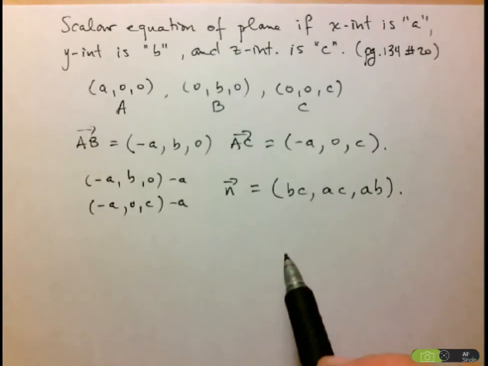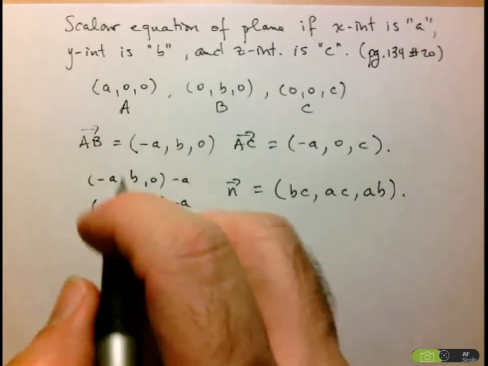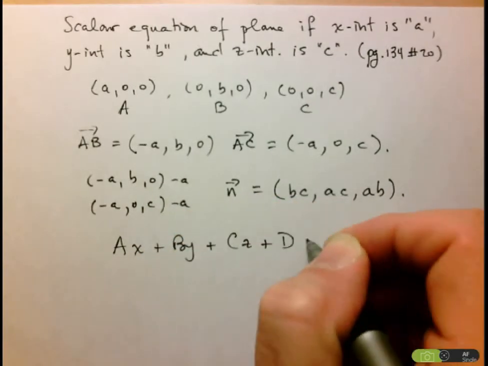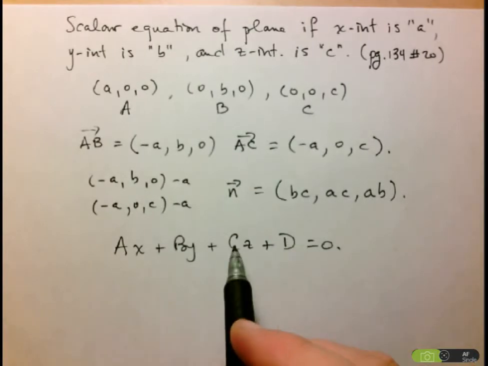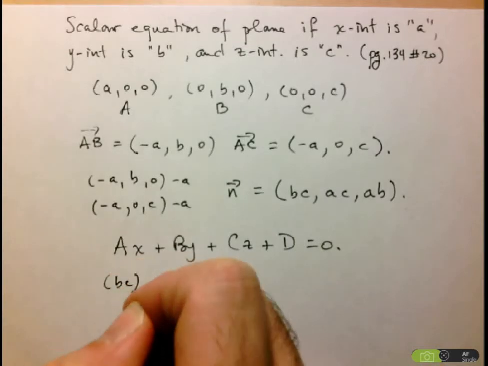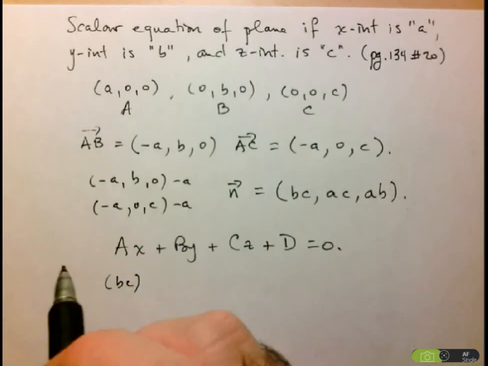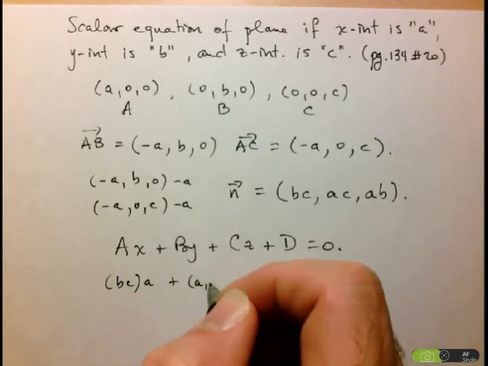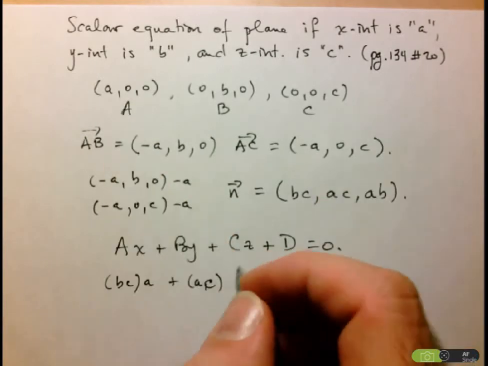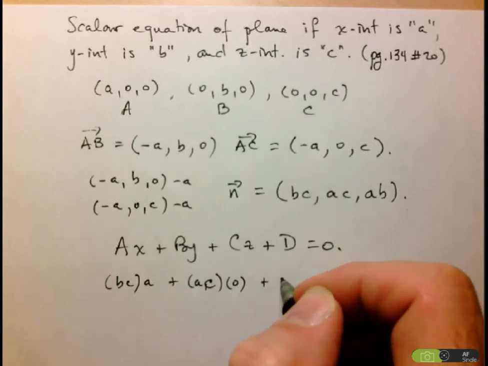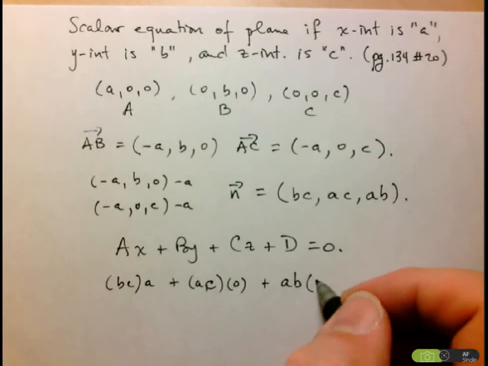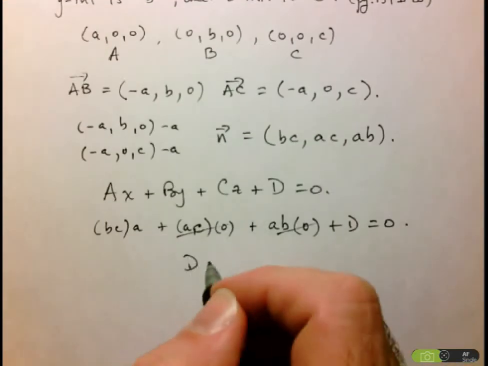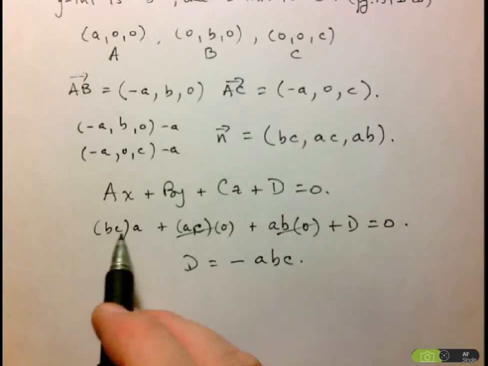In any case, now we've got our normal vector, and we could pick any of these 3 points. I might as well pick the first one, A. As usual, we put Ax plus By plus Cz plus D equals 0, where A, B, and C correspond to our normal vector. So we've got BC times the x value from the point we're using, which is A. The y component of the normal vector is AC, multiplied by the y value of the point, which is 0. Then plus AB times the z component of our point, which again is 0, and plus D. These just reduce to 0, so we're left with D equal to negative ABC.